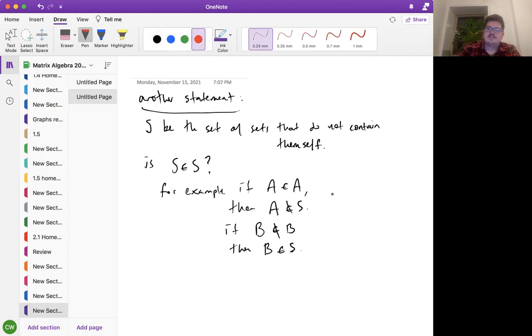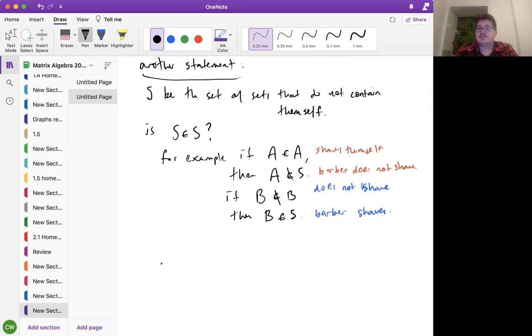Think of this as the barber shaving themselves, or the barber does not shave himself. So the question is, if you have this definition of S as the set of sets that do not contain themselves, is S in S?